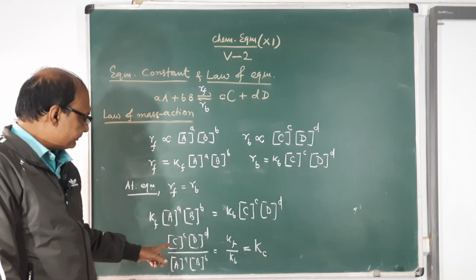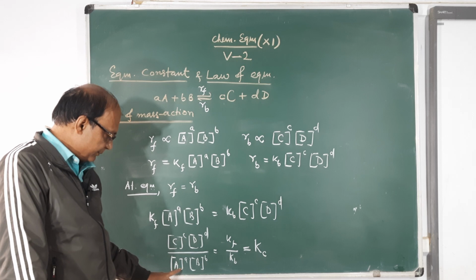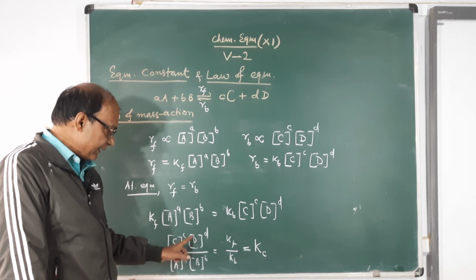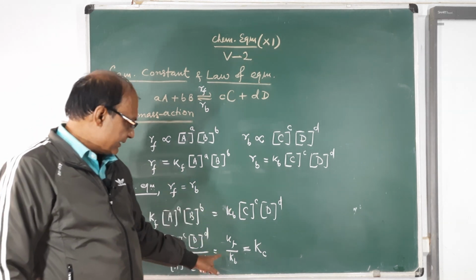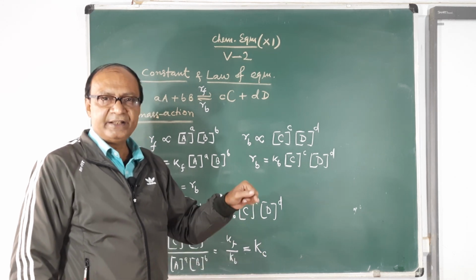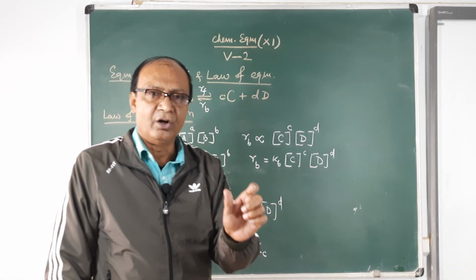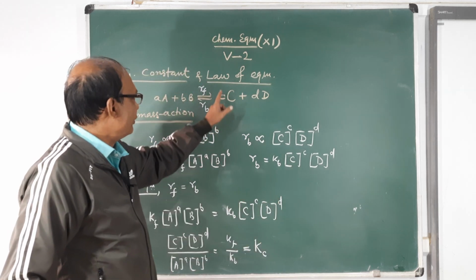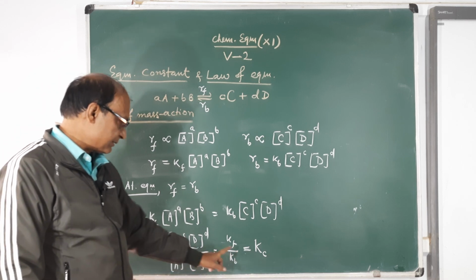The ratio of the product of the concentrations of the products to that of the product of the concentrations of the reactants, with their respective stoichiometric coefficients raised as power, is a constant quantity at a given temperature, known as the equilibrium constant denoted by Kc. This is the law of equilibrium.